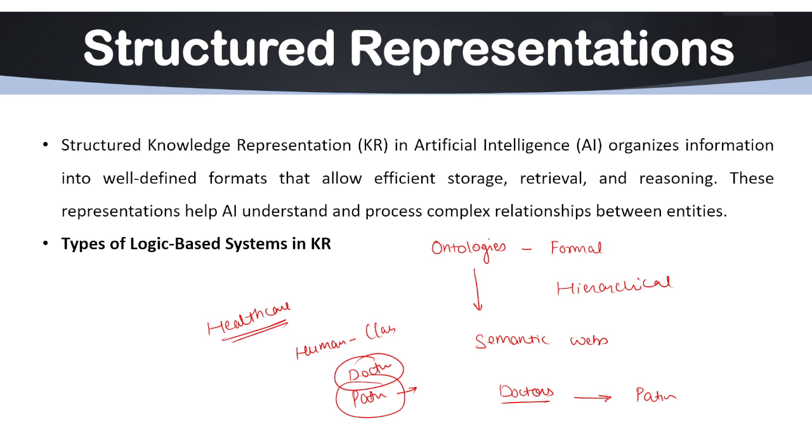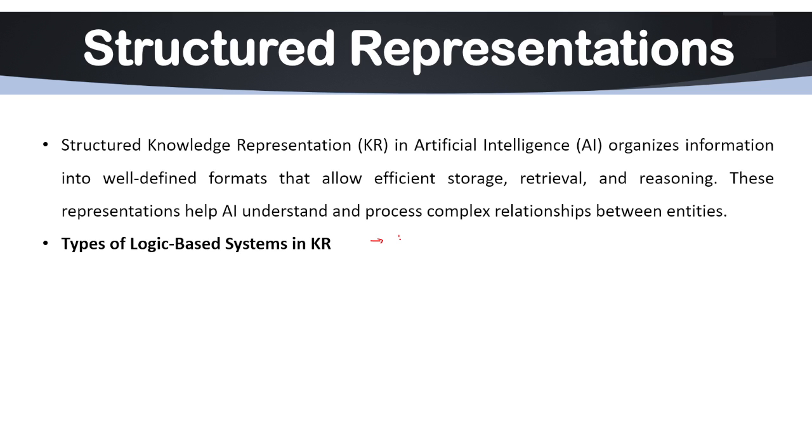Another type, the fourth type under this, is conceptual graph. An extension of semantic network, a graph-based structure for natural language representation. For example, a dog eats fish.